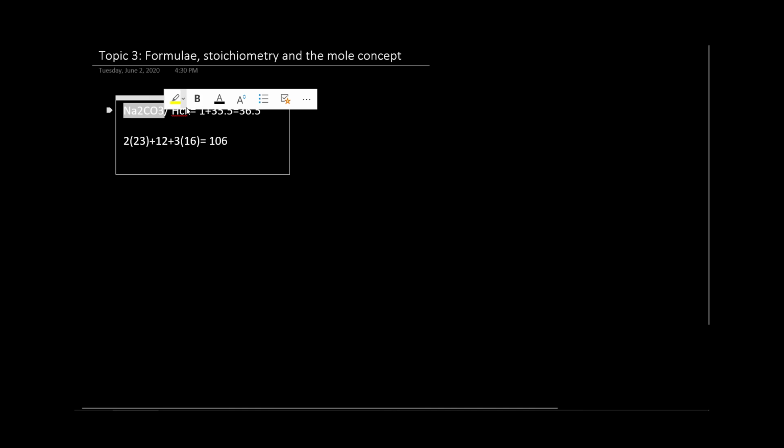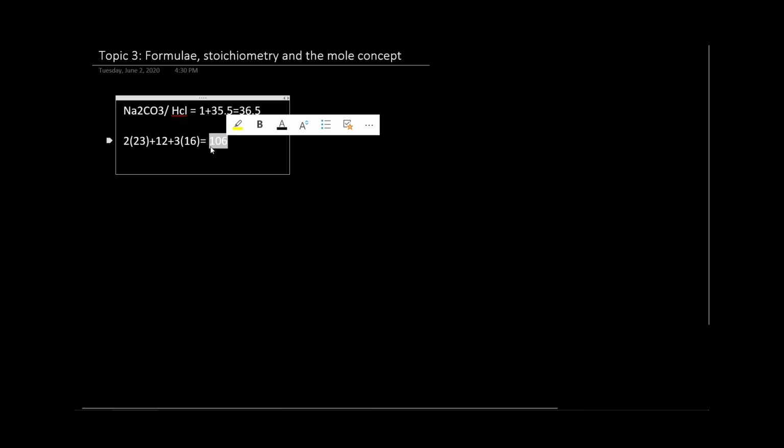So the compounds which exist as molecules can only be described by the term relative molecular mass. So the relative molecular mass of HCl is 36.5. In case of any covalent compound, you call this a relative molecular mass. And in case of any ionic compound, for instance Na2CO3, you call the total sum a relative formula mass.